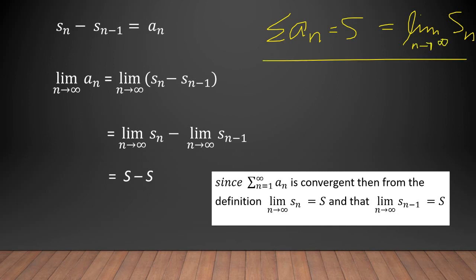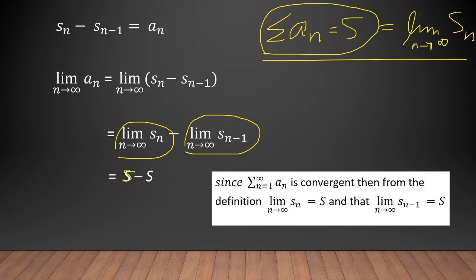They are equivalent. So if the summation of an is S, then the limit of Sn is also S. So here, we have S. And why is the limit of Sn minus 1 as n approaches positive infinity also S?